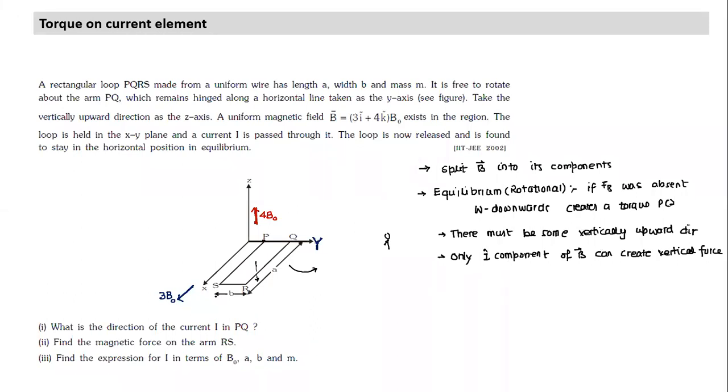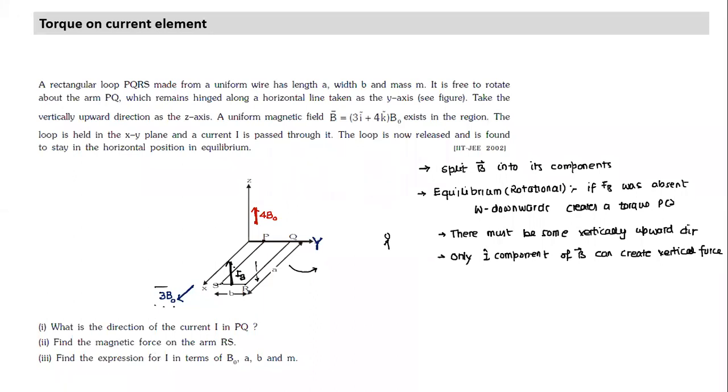So which direction does the current have to be? For a vertical force, depending on the current in this particular element, the force due to this field could be up or down. For equilibrium, the force has to be in the upward direction. The question is, which direction should the current flow so that the force is upward?